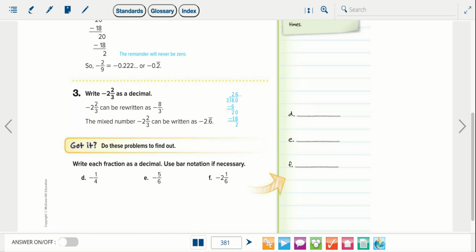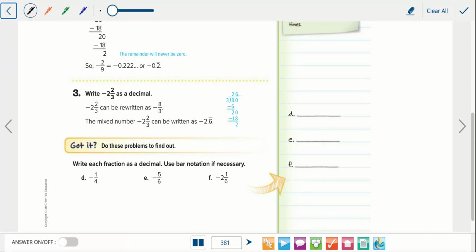What happens when there's a whole number? People always get so nervous when they see whole numbers. It doesn't make any difference. So what I do for this one is I simply take my 2. You could change it into an improper fraction and then divide. That's what the book did here. The other way that you could have done it is you could have said, well, it has -2, so I know it's going to be negative.